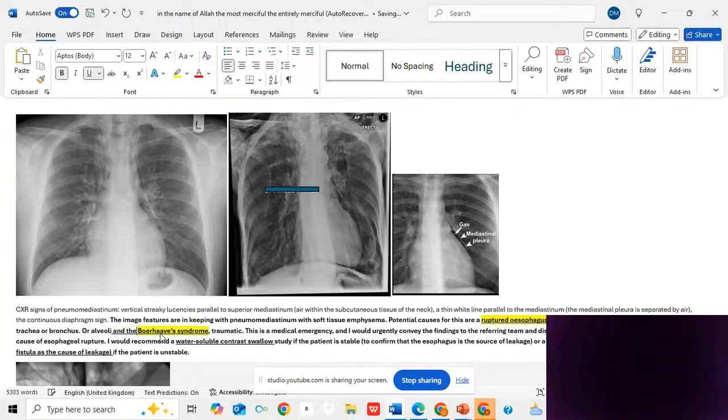And Boerhaave syndrome is the most likely cause of esophageal rupture, in addition to iatrogenic, traumatic and neoplastic causes.